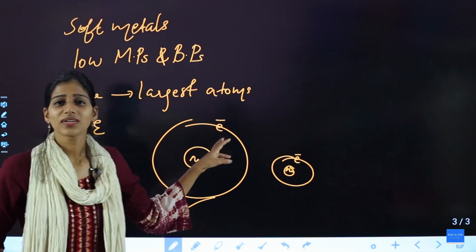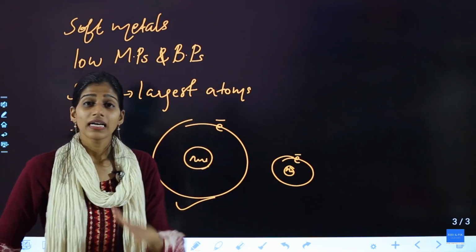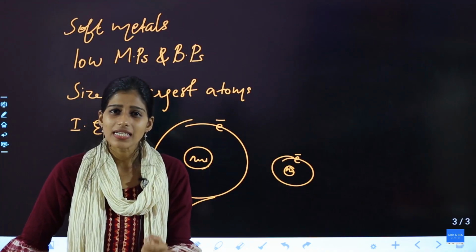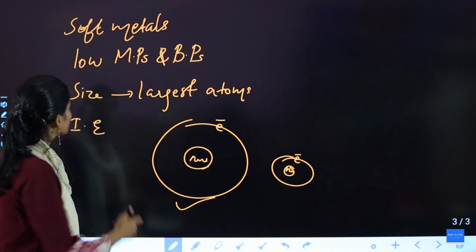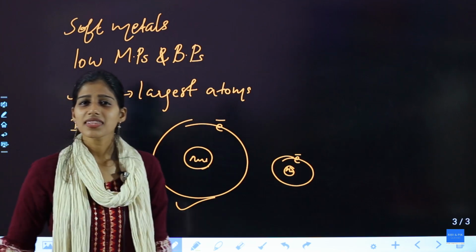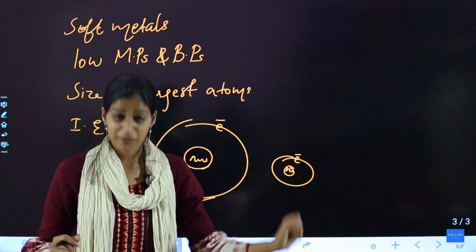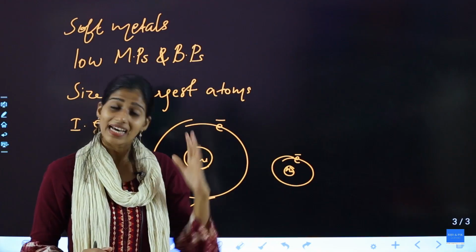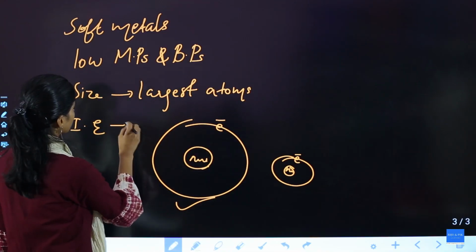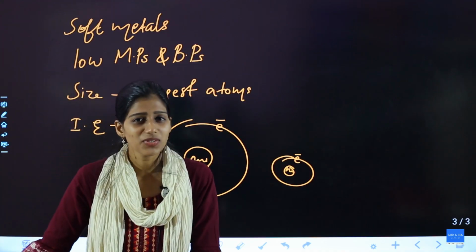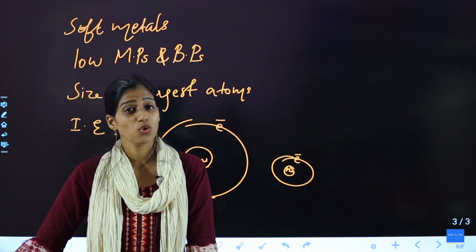Because this electron is far away from the nucleus, is not much attracted by the nucleus, and is easily removable. When you consider the size, they are the largest elements in their respective periods. So, their ionization enthalpies are very low. They have the least ionization enthalpies because their size is so big.